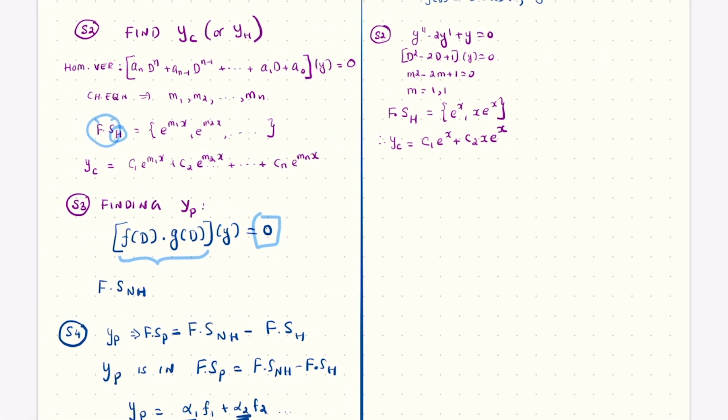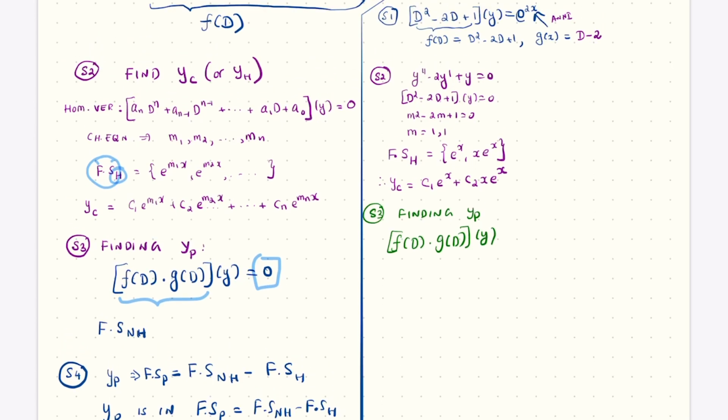So let me change the color. So I have a step 3. Step 3 is to find the yp. What is the yp in here? To do that, as I said earlier, I'm going to take the f of d and operate it with g of d on y.